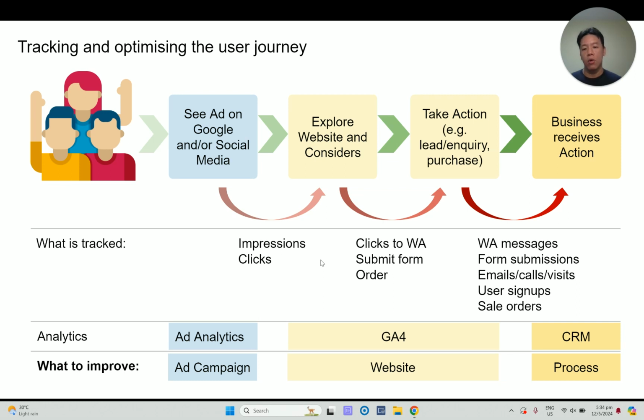Okay, so once you have a good amount of impressions and clicks, then you look at whether that high number of impressions and clicks is translating to actual actions being taken. If they are translating to actions being taken, then everything is good.